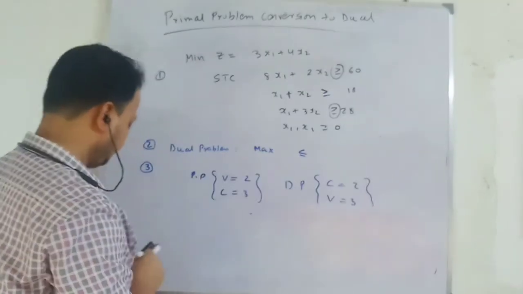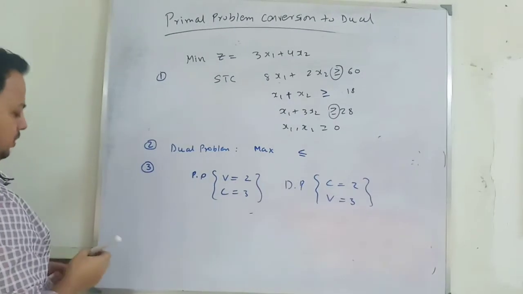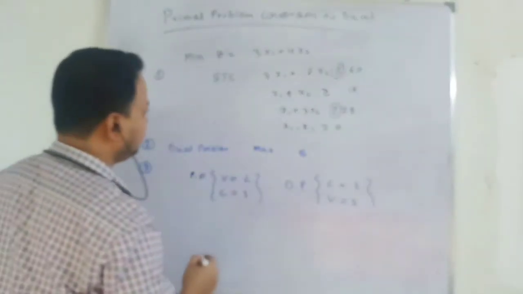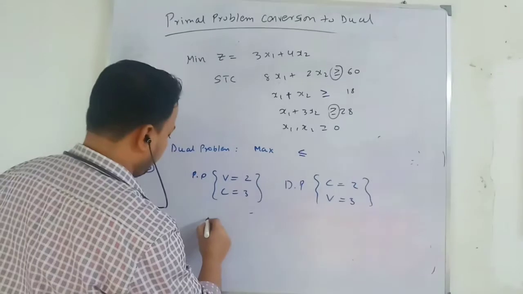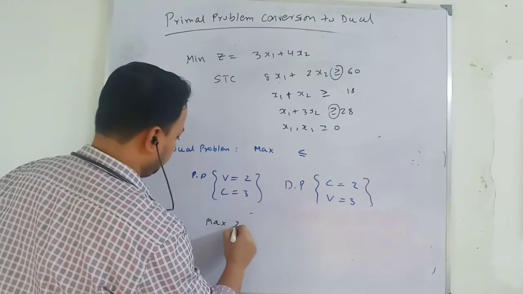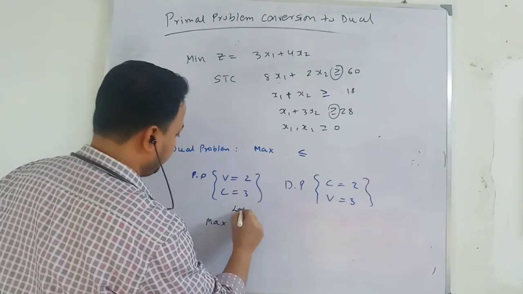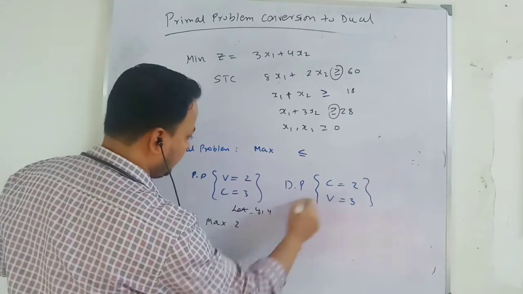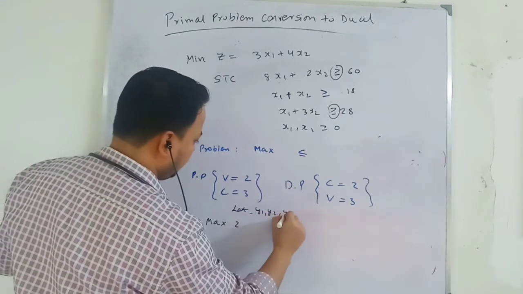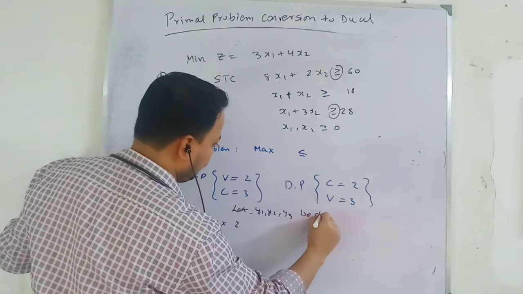Okay. Let's do it. So I have to maximize. You have to write y1, because I have 3 variables, y2, y3, the dual problem variables.